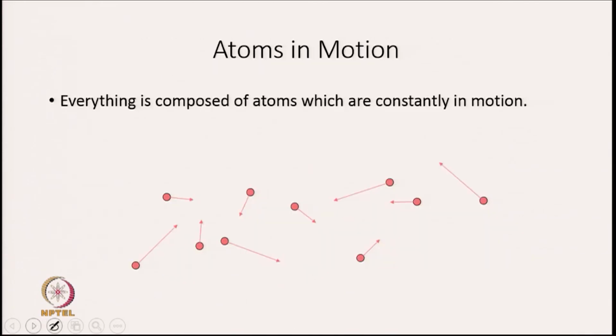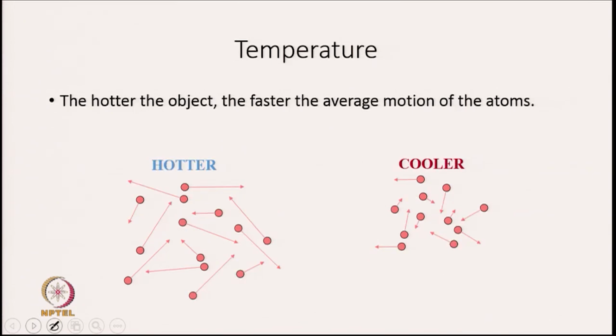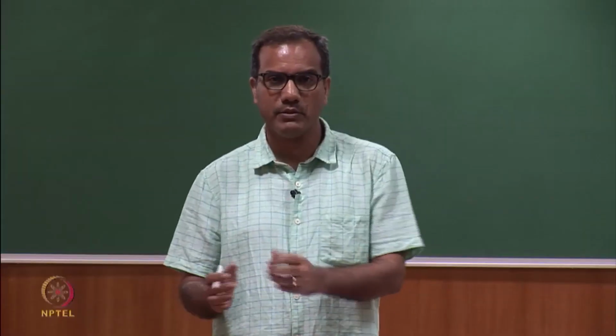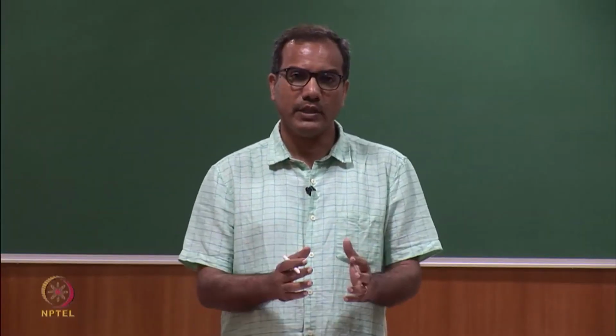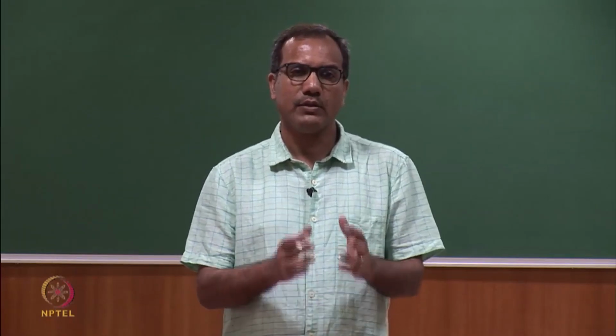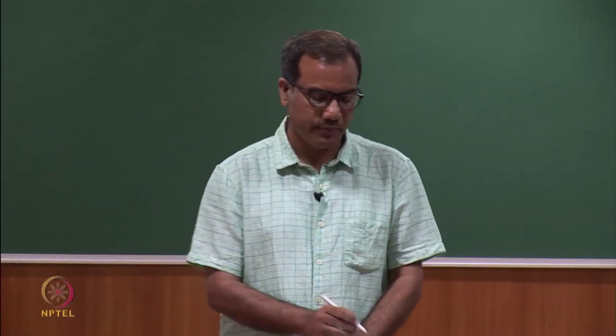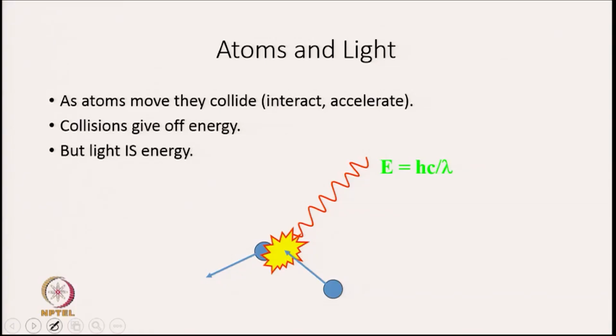Now, let us understand what is happening. We know that everything is composed of atoms which are constantly in motion. The hotter the object, the faster the average motion of atoms. As the atoms collide due to motion, the collision gives off energy, and the energy is emitted as light.